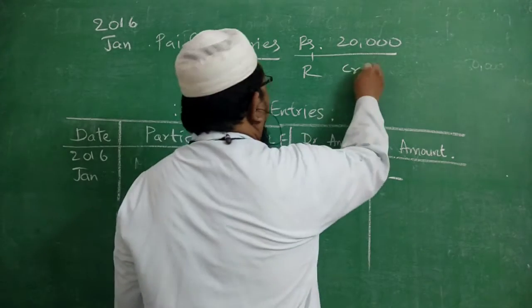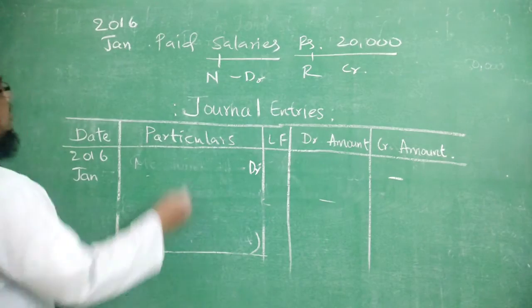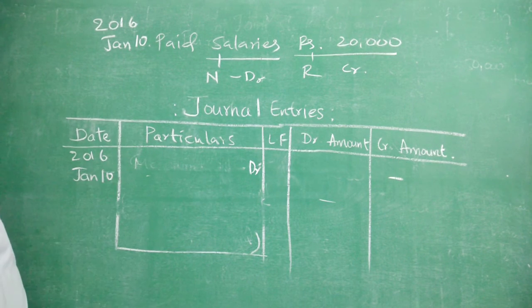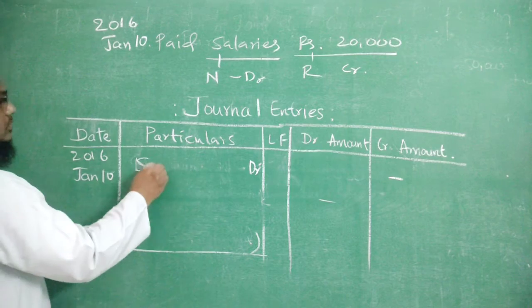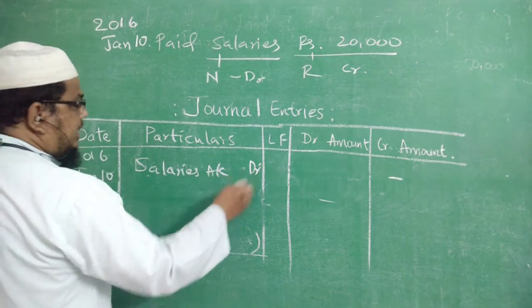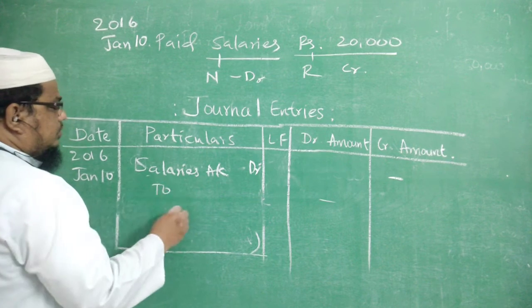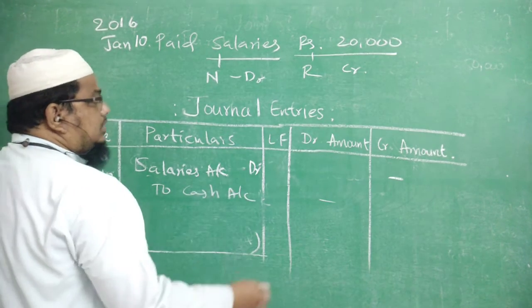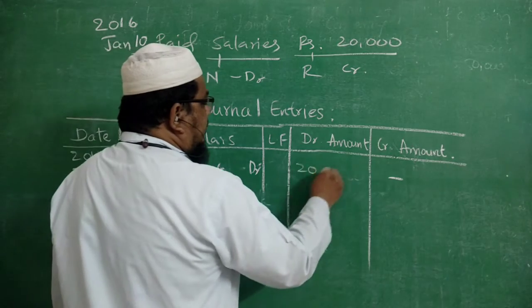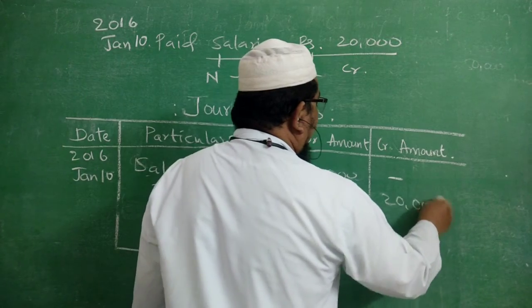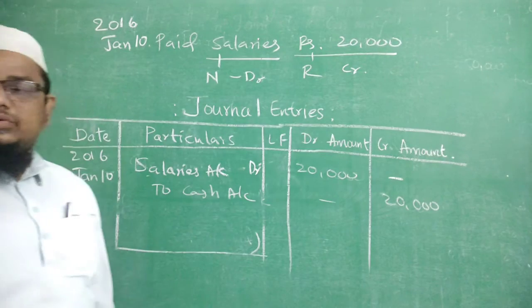Great. Now here, let's take January 10. So January 10, salaries account debit to cash account. So 20,000 salary, and 20,000 cash is going out from the business. Okay.